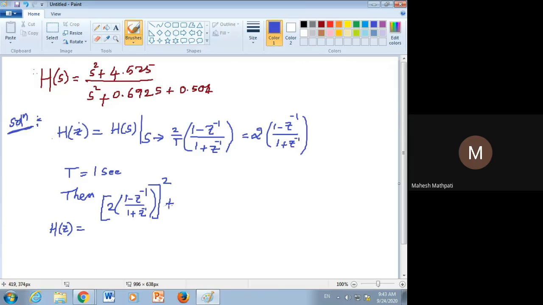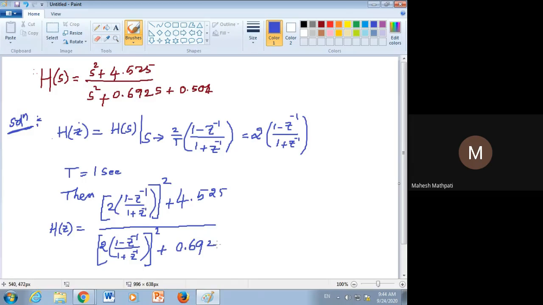plus 4.525 divided by, again s square. What is s square again? It is 2 into 1 minus z inverse divided by 1 plus z inverse, this square we are writing, plus next is 0.692 multiplied with s.